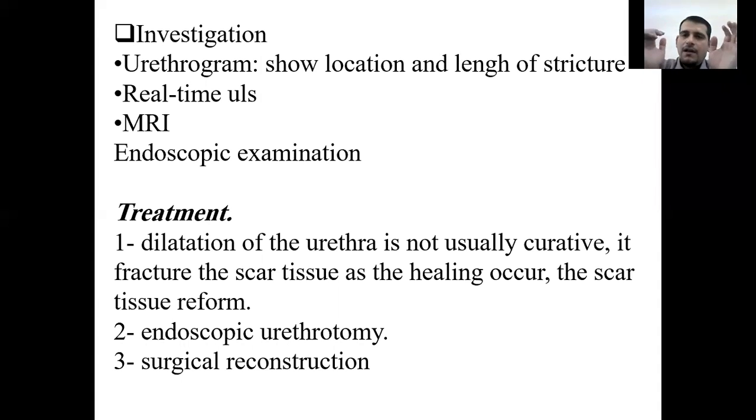If the stricture is less than 1 cm, and some say less than 15 mm, we can do urethral dilatation using multiple sizes of metallic sound dilators, starting with the smallest one and then the largest.